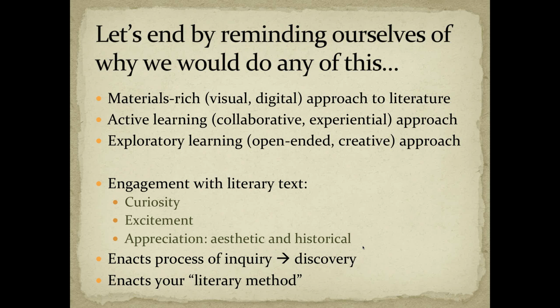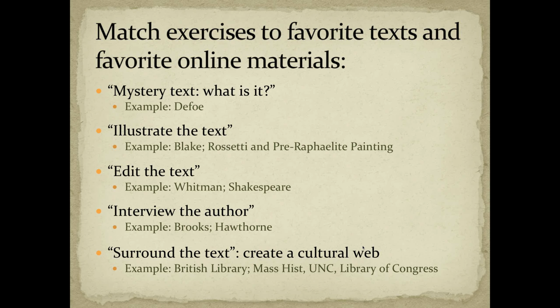And for myself, it actually helped me to clarify my own literary method. So we've looked at these five different types of examples of ways to do this type of work in the classroom: the mystery text example, illustrate the text, edit the text, interview the author, and then surround the text.